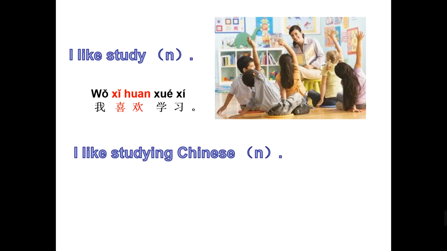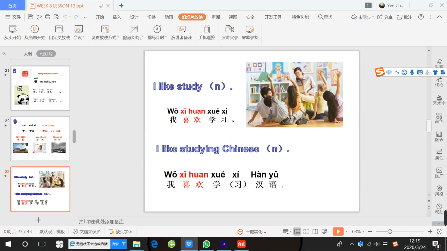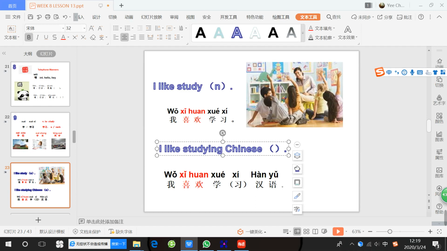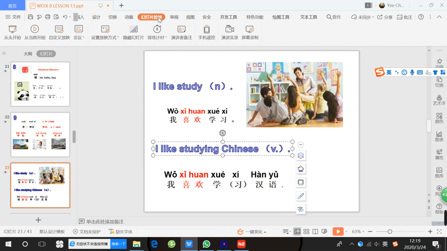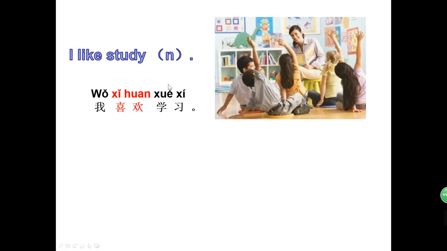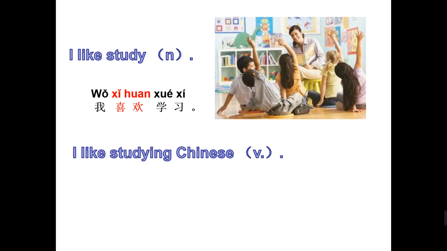I like studying Chinese. Okay, sorry. Here is a verb. Not a noun. It's a verb for here. I like studying Chinese. How to translate?